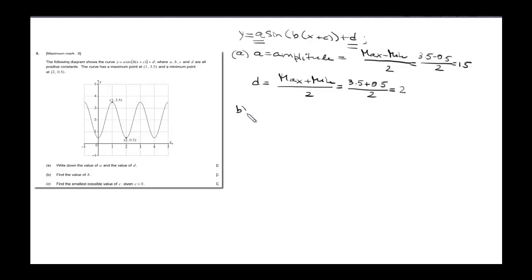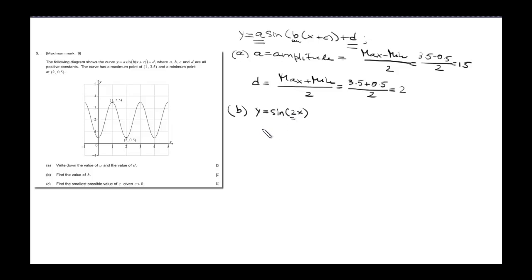In the second part, we are asked to find the value of b. Now we know that, for example, if I have a function of the type y equals sine 2x, the fact that the argument is multiplied by 2 means that all the x coordinates are being divided by 2.